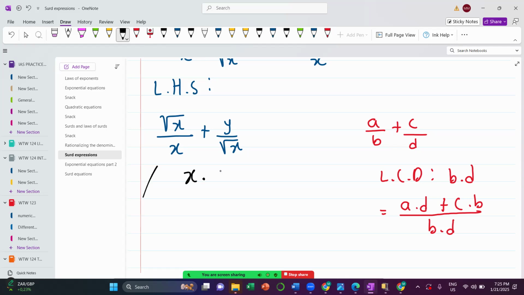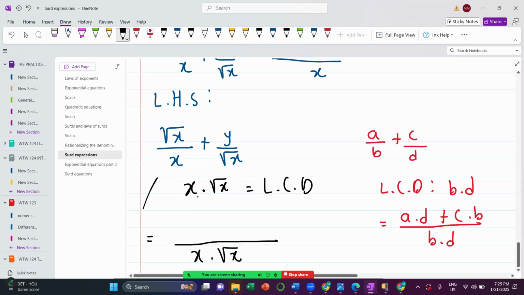Here our LCD is just going to be x times root x. So this is going to be our LCD, right? Now let's continue. We're going to have an equal sign, x times root x all over, sorry, dividing what? This x, I multiplied it by root x, so I'm going to have to multiply this root x by root x also.